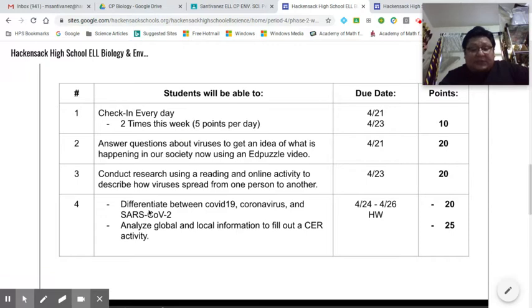So 2 things for today. You are going to differentiate between these 3 names: COVID-19, coronavirus, and SARS-CoV-2. What do they mean? Are they the same thing? Are they talking about the virus as a group or something more specific?